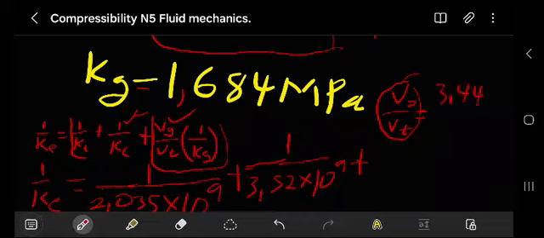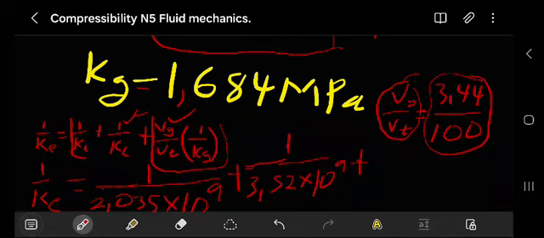Remember, the percentage means divide by 100. We will substitute this there.